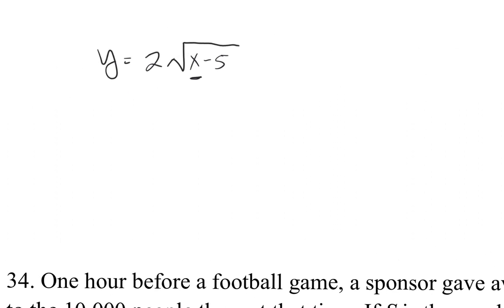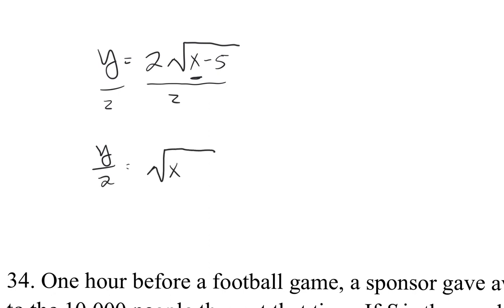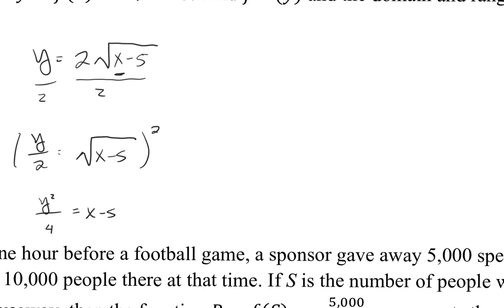So my first step is just going to be dividing by 2. Y over 2 equals the square root of x minus 5. To get rid of that square root, we want to square everything. So we have y squared over 4 equals x minus 5.